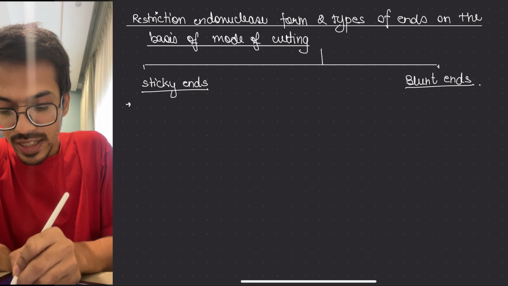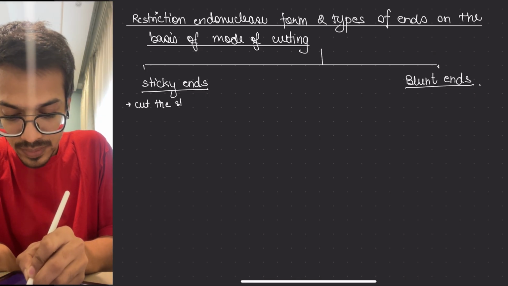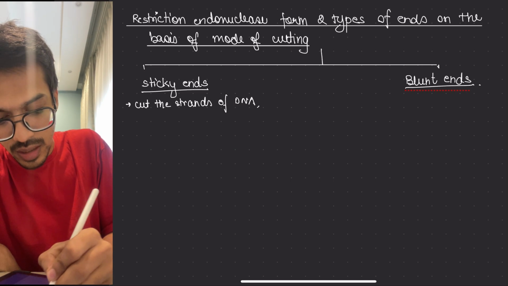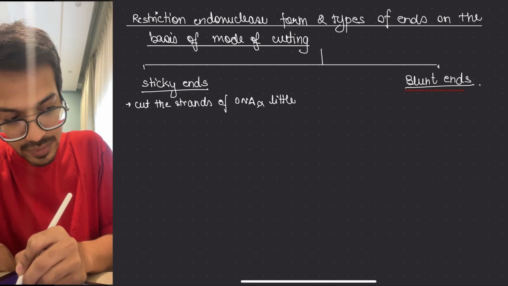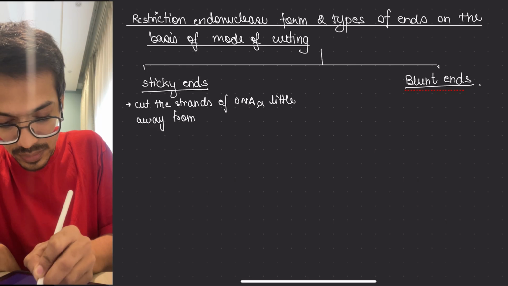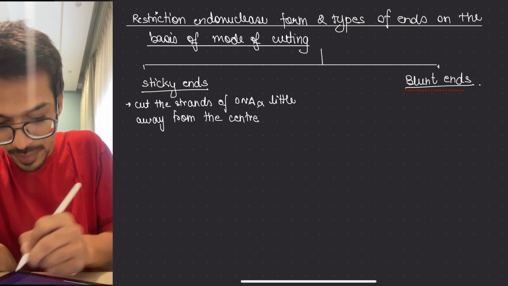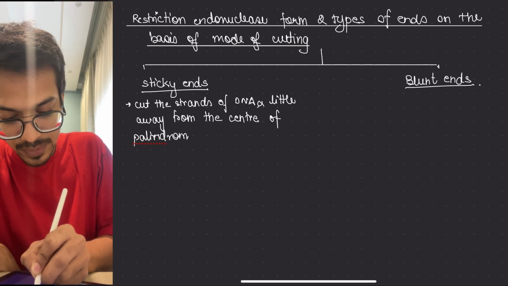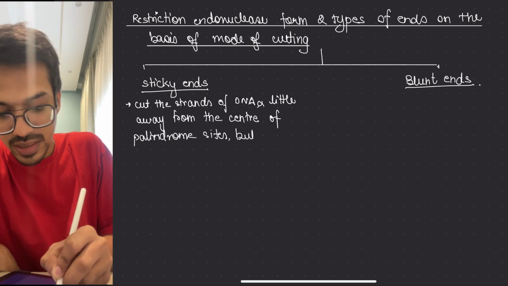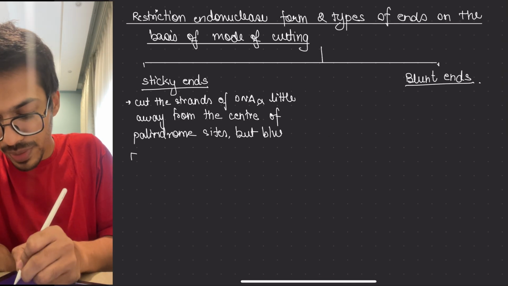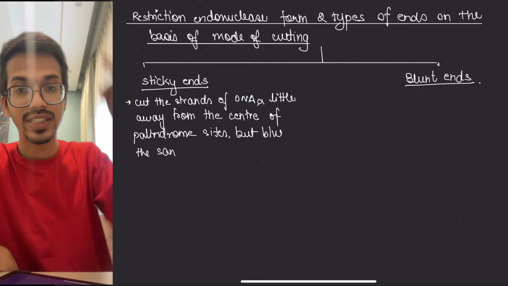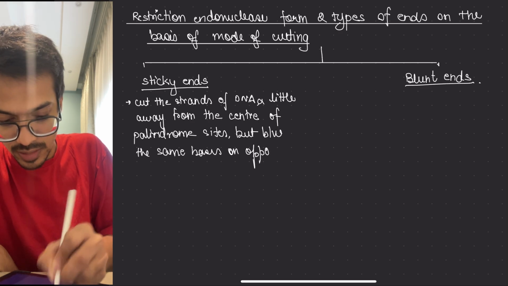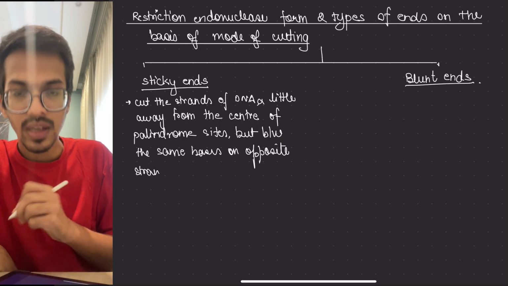Okay, so a sticky end cuts the strands of DNA a little away from the center of the palindrome site, but between the same bases, like G and C, the same bases on opposite strands, which leads to what?